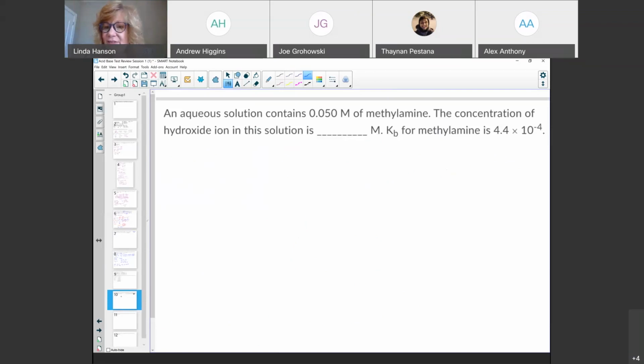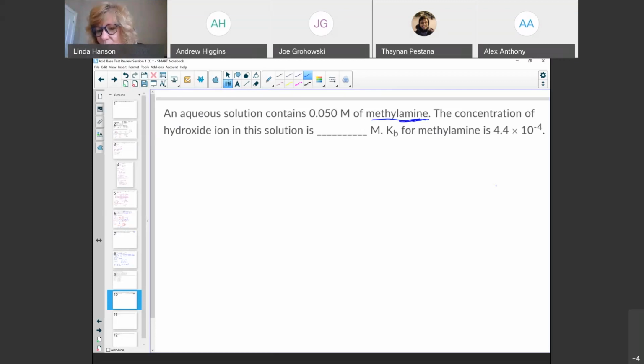I'll work a next example. This one is a problem given a methylamine, and the concentration of hydroxide is what's being asked for. The Kb for methylamine is given. Now, if I had no idea what methylamine is, it's a nitrogen-based compound. So we have this ammonia derivative.